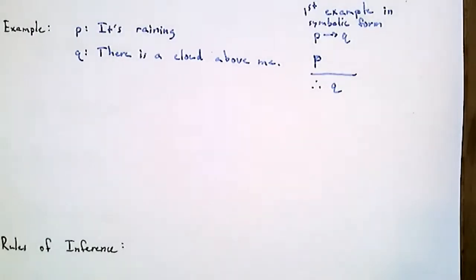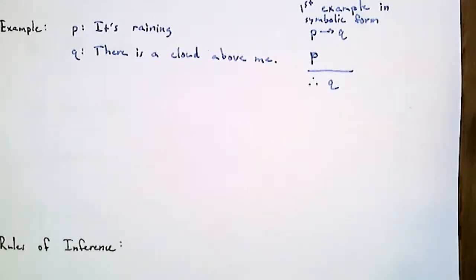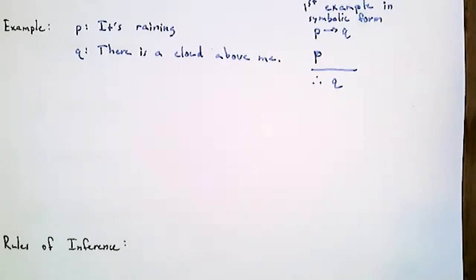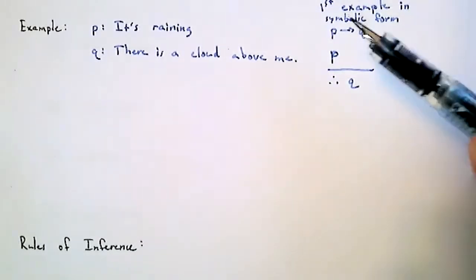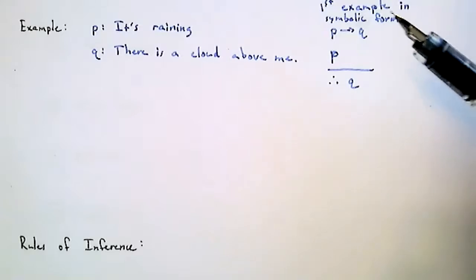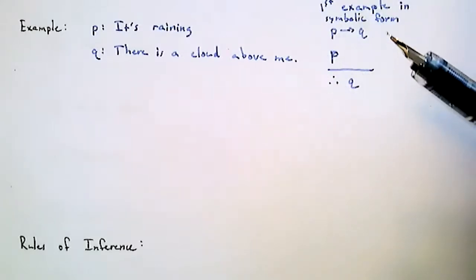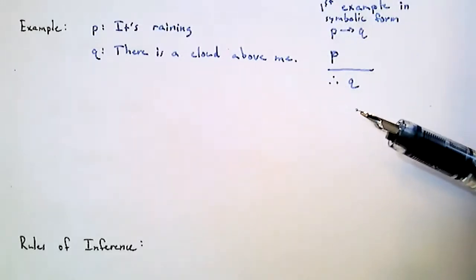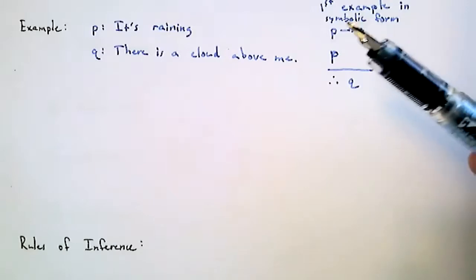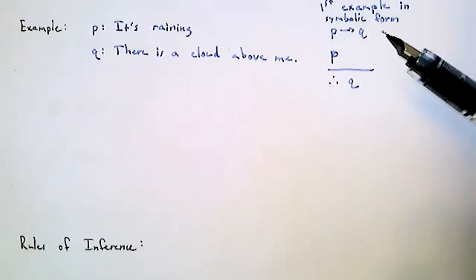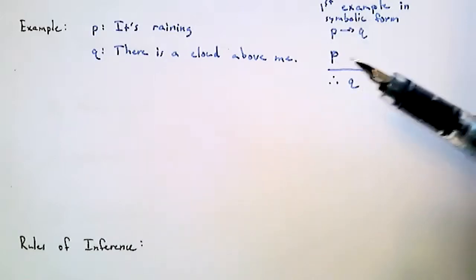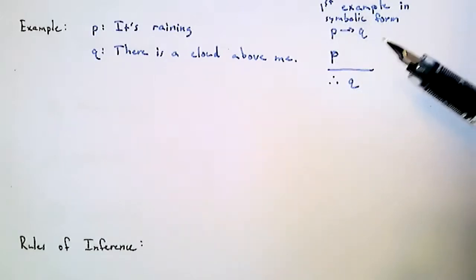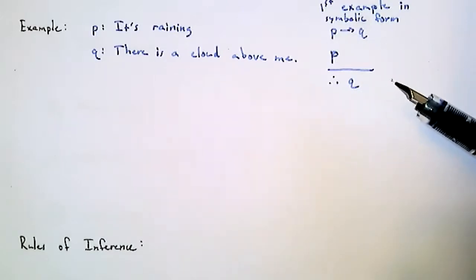Is this just a different way to write? It's a little bit different. So an argument isn't a single proposition. Like I said earlier, what an argument is trying to do is say that if these two hypotheses are true, or if however many hypotheses you have are true, then your conclusion must also be true.